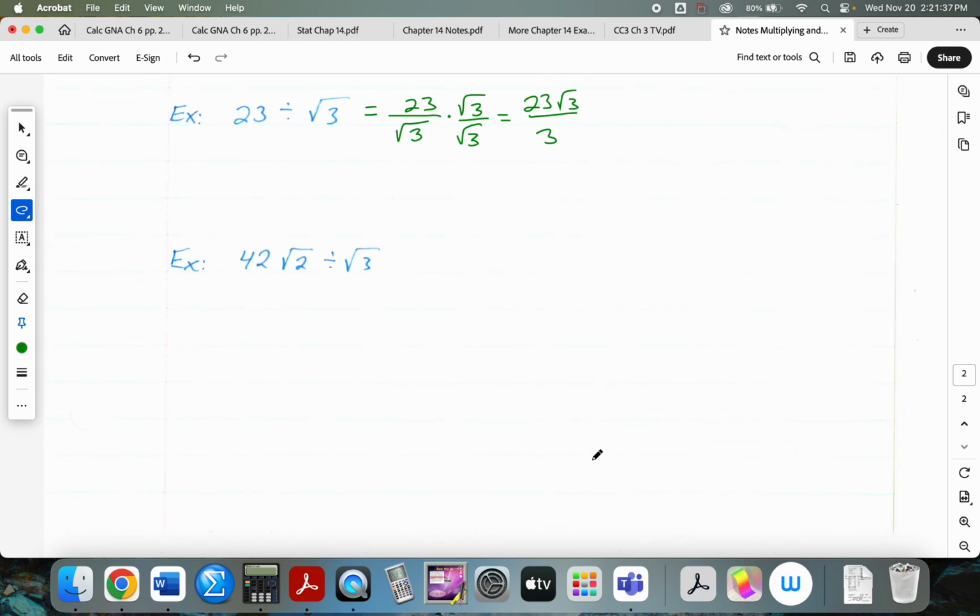We're going to do 2 more examples. Yes, I know there's only one there, but we're going to do one more after that. So this is 42 square roots of 2 divided by the square root of 3. I can't divide 3 into 2 evenly, so I'm going to multiply by the square root of 3 over the square root of 3.